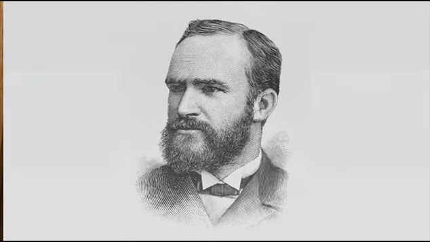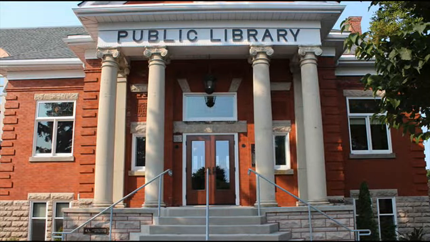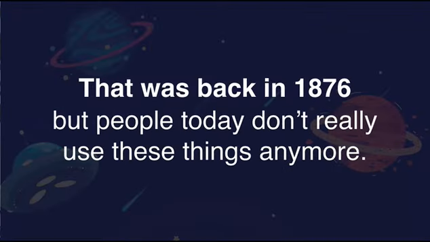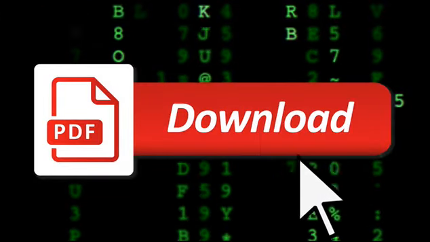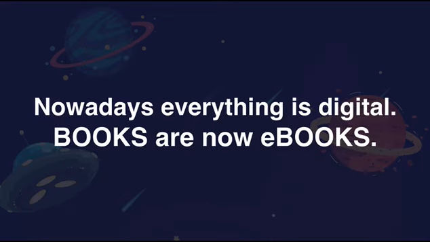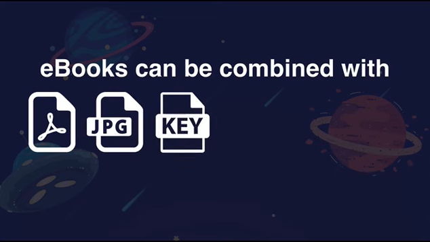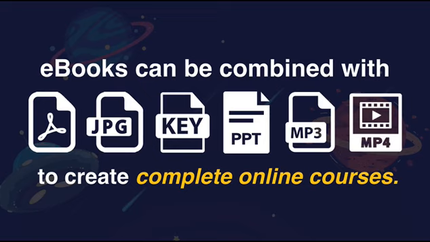This guy's name is Dewey. He invented a way to use this thing. He did it so that people could go to this place and be able to find a whole bunch of these things. That was back in 1876. But people today don't really use these things anymore because of this thing, and this thing, and this thing, and this thing. Hey, my name is Omar Martin, and this is my beautiful wife, Melinda. Nowadays, everything is digital. Books are now ebooks. Ebooks can be combined with images, slide presentations, audio narrations, and even videos to create complete online courses.